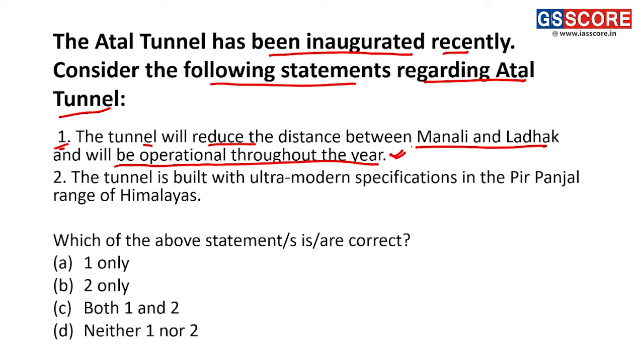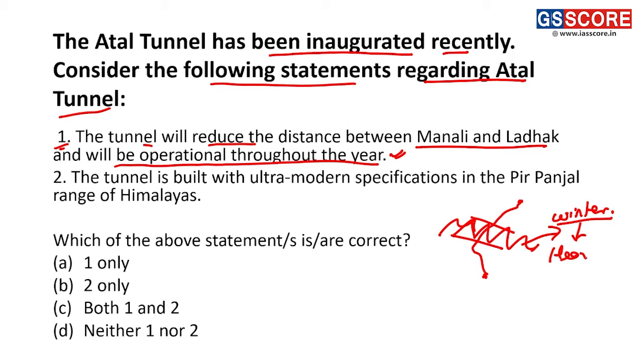If you are traveling from Manali towards Ladakh, this region passes through the Pir Panjal ranges, and here during the winter season the snowfall is quite heavy, which leads to the shutdown of this region during winter.